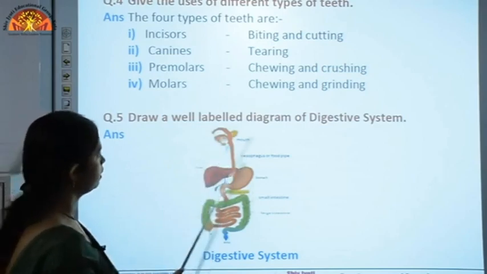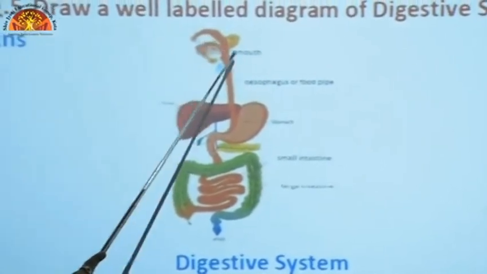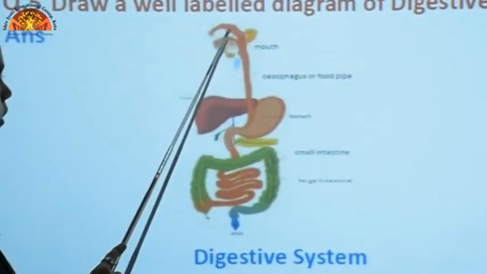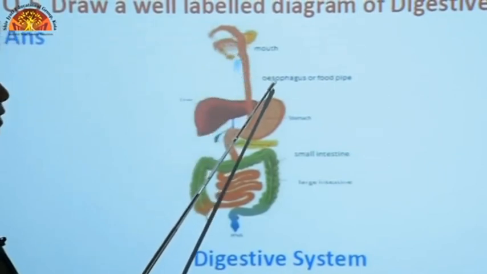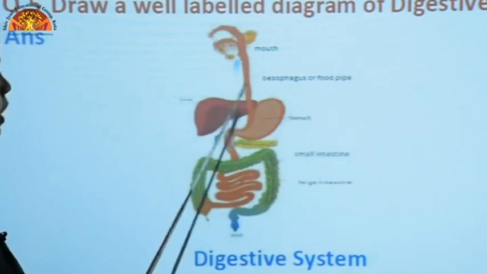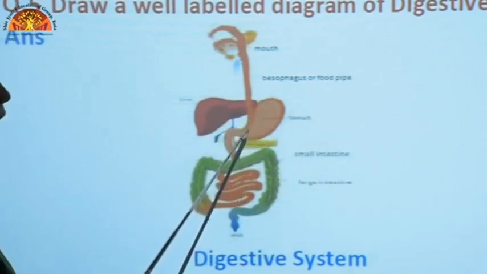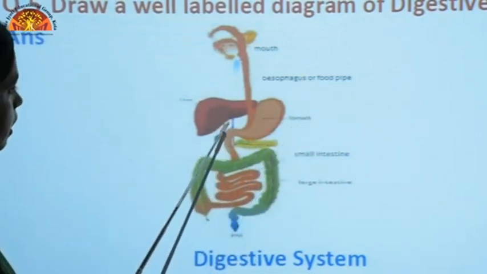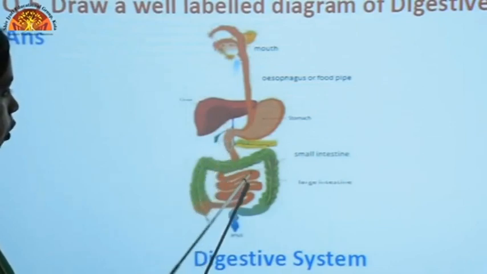And this diagram has also been explained to you in the explanation part. So let's have a brief description of it. Now this first part which is labeled here is mouth. It is the opening through which food is taken in. Then mouth leads into a tube like structure. This tube is called as esophagus or food pipe. Food pipe opens into a bag like structure. This bag like structure is called as stomach. Then from stomach, stomach leads into another highly coiled structure.